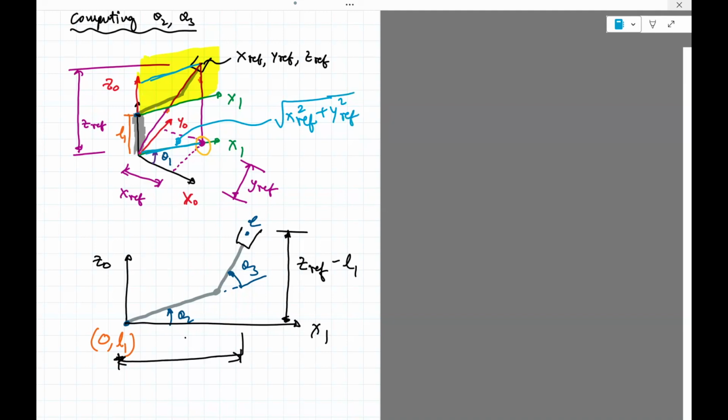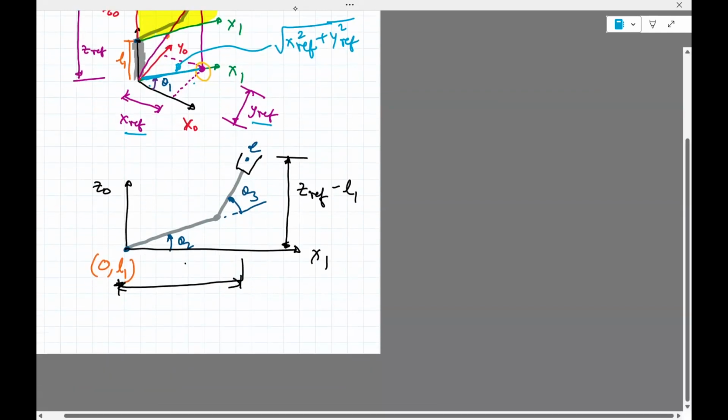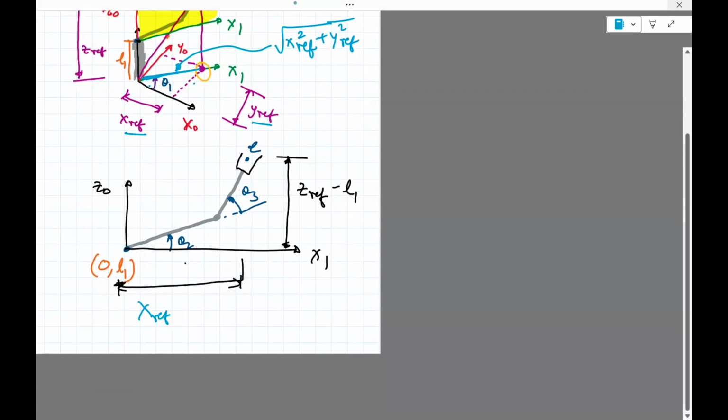X ref, y ref is this, and this distance is going to be, by Pythagoras theorem, the square root of x ref square plus y ref square. Okay, I just did this because now we can just deal with this two-dimensional problem. We don't have to deal with the three-dimensional problem.